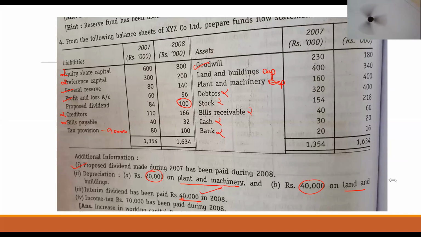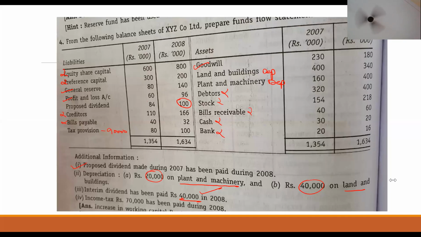Please try to remember the format of the adjusted profit and loss account. Debit side, all the items like depreciation, profit from sale of fixed assets, provision for tax, interim dividend, transfer to general reserve, goodwill written off, patents written off, all these things will appear usually.